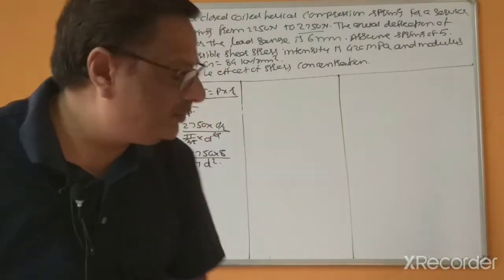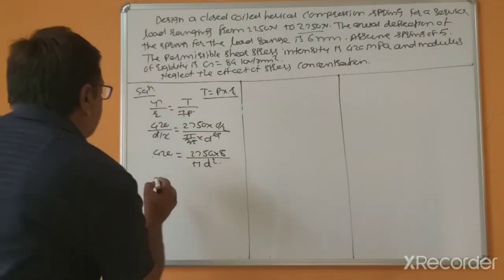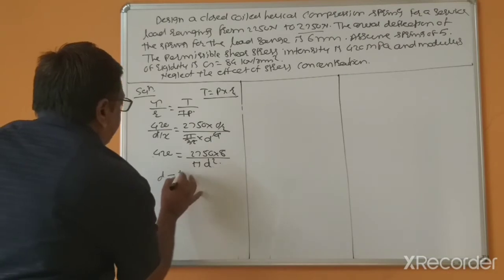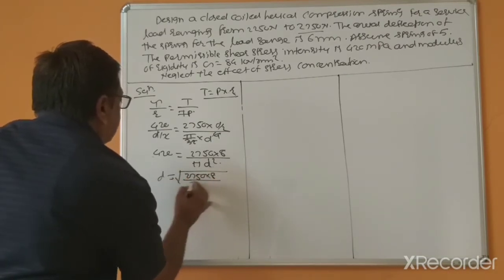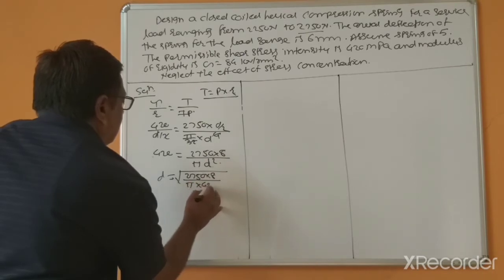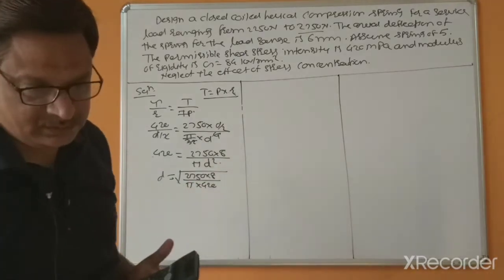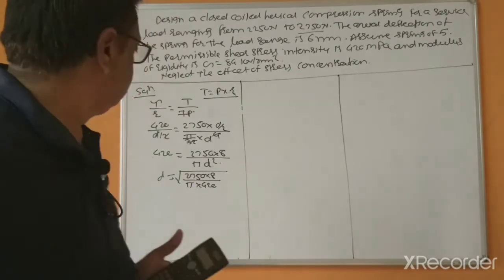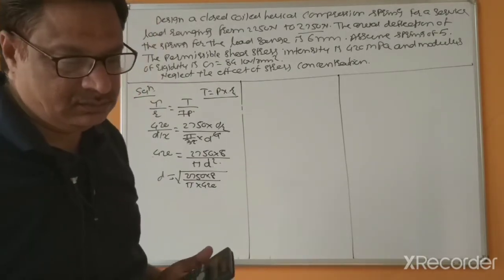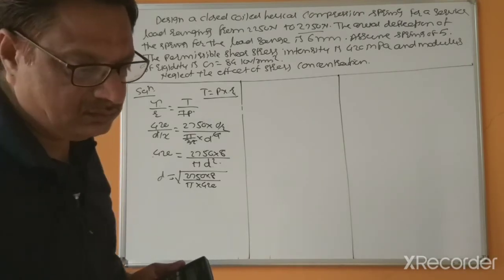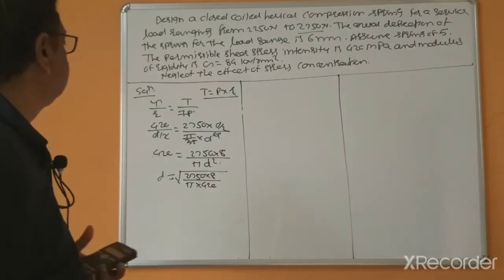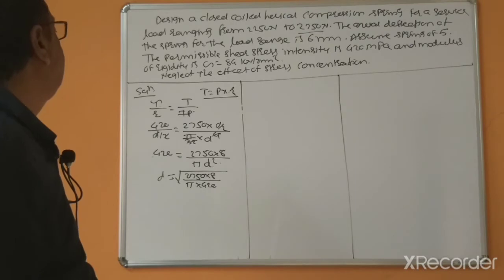First we will calculate d equal to 2750 multiplied by 8 divided by pi into 420. Anything missing?